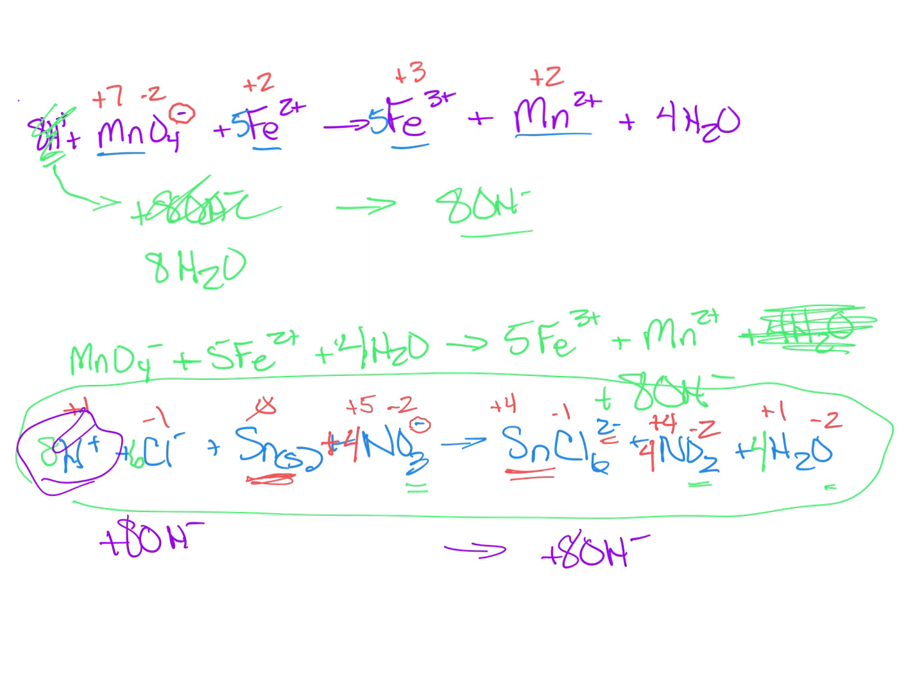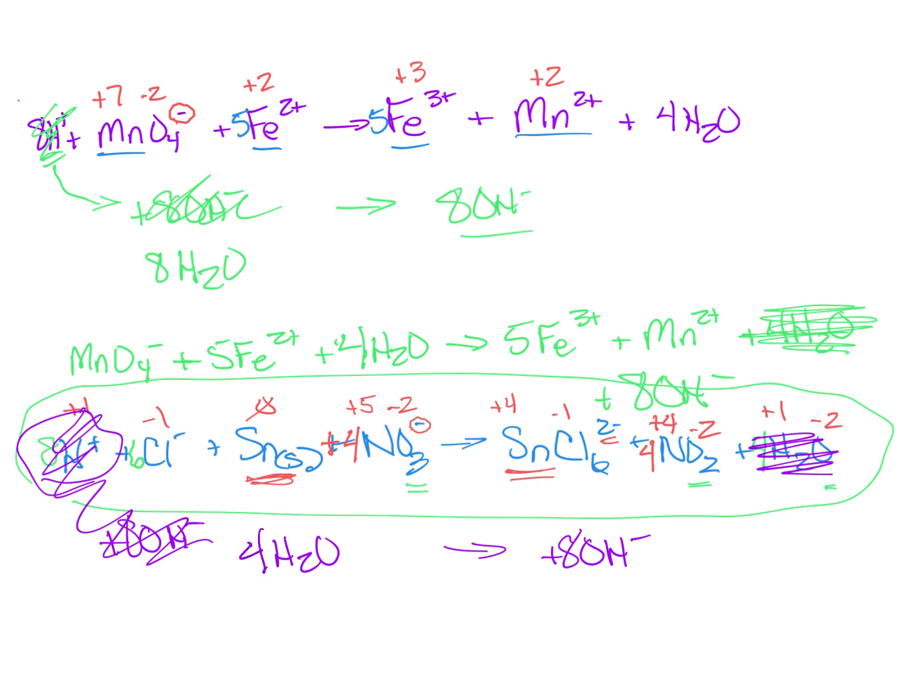We know that the hydrogen and the hydroxides actually make water, so I'm going to have 8 waters on the left. And I'm going to be able to scratch some of those out too because I have 4 on the right, so those will go away. And this 8 is going to become a 4.